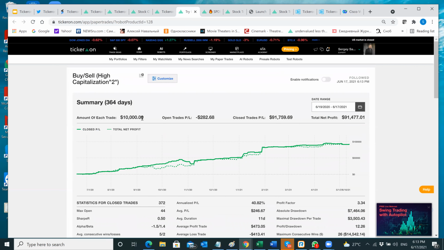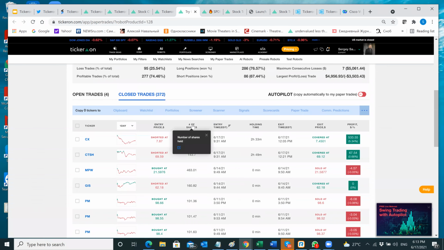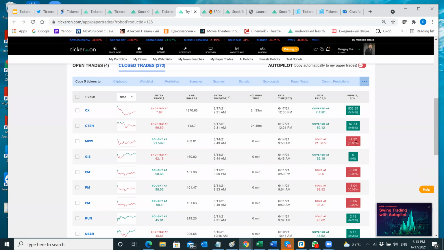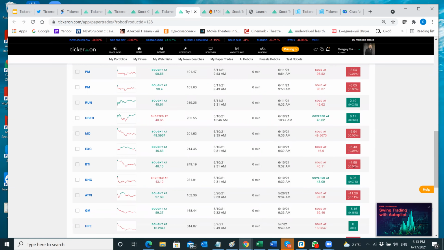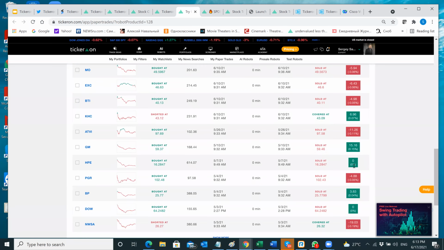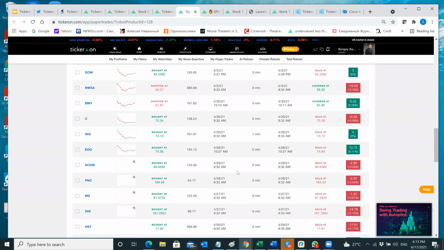So if you have 1,000 per trade, then you simply take the number of shares and divide it by 10, okay? But still, percentage-wise, look, it's a 5% gain and only a $4 loss, okay? Then what else? This is small losses, and let's look more.